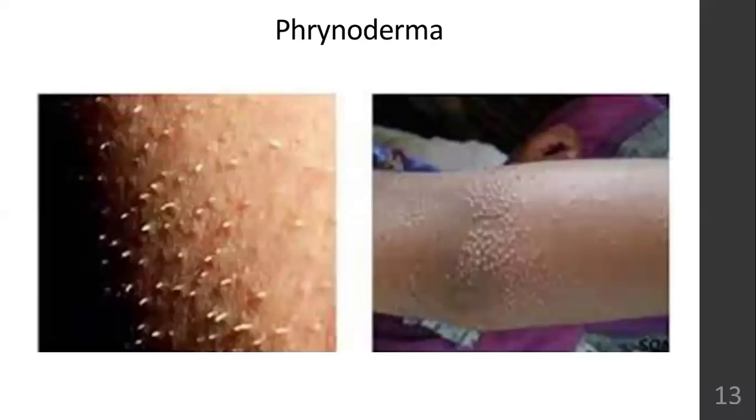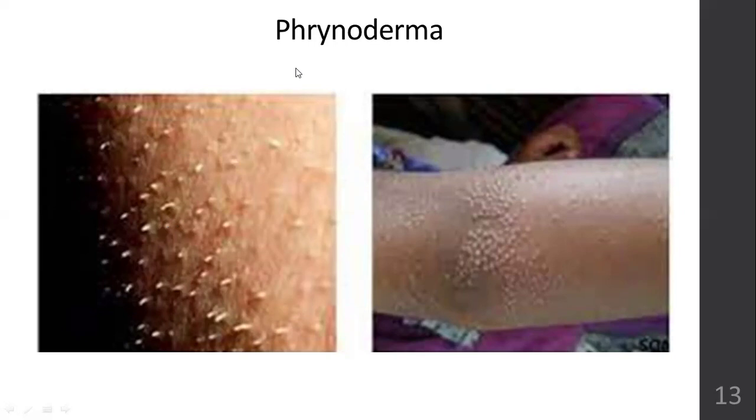The deficiency of lipids or omega essential fatty acids would lead to rhinoderma. Here, the hair follicles on your skin become keratinized. They become hard and dry, because again, omega-3 is supposed to support the health of your epithelial cells. Hair follicles are also made up of epithelial cells.